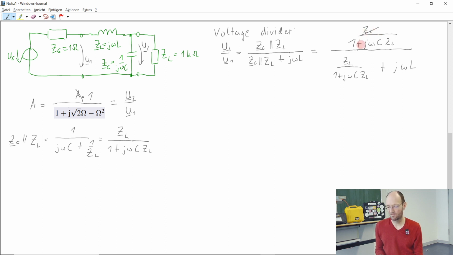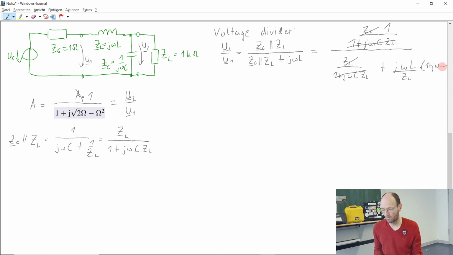Divide by ZL. So if we divide by ZL, it disappears here, there, and we need to divide by ZL here. And multiply with this other denominator, multiply with this one. So this one will disappear here, it will disappear here, but here we need to multiply with this one. So 1 plus J omega, you know what I mean. No, this is not looking nice.